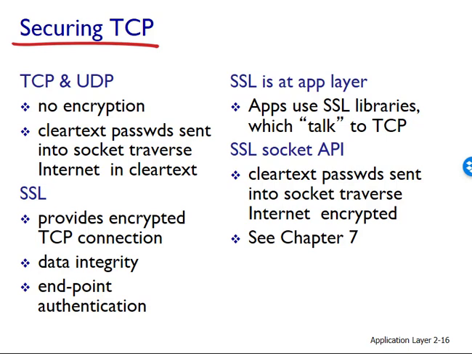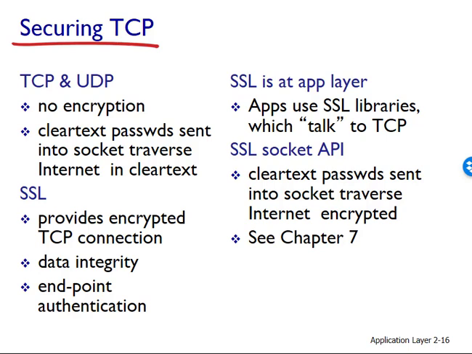We emphasize that SSL is not a third Internet transport protocol on the same level as TCP and UDP, but instead is an enhancement of TCP, with the enhancements being implemented in the application layer, not the transport layer.